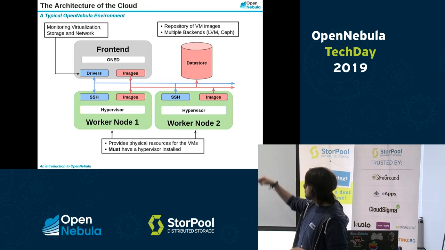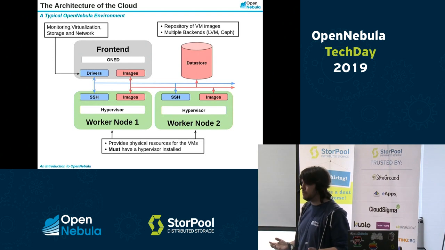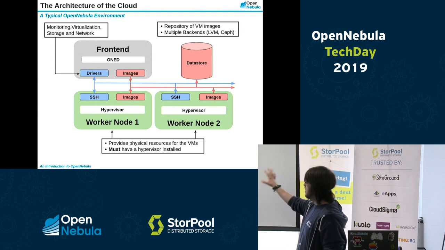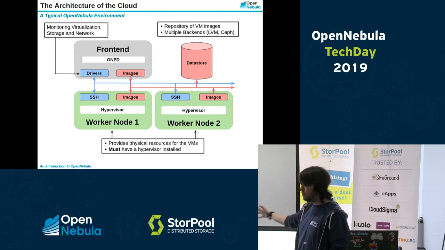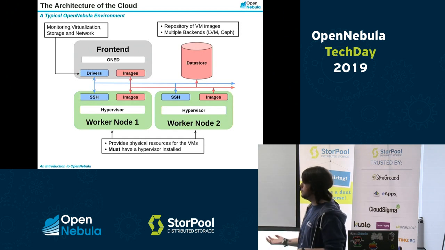The frontend will connect to them through SSH and use them to run the VMs in the cloud. These can be a KVM node, an LXD node in the new OpenNebula version, an EC2 node, or if we use disaggregated data centers, we can have a node in a bare metal provider.